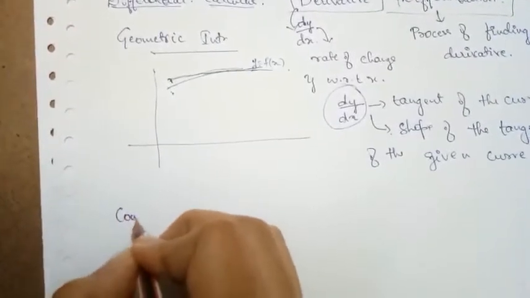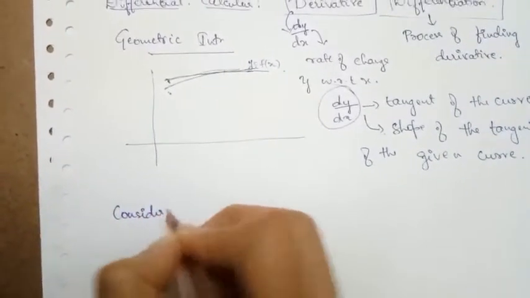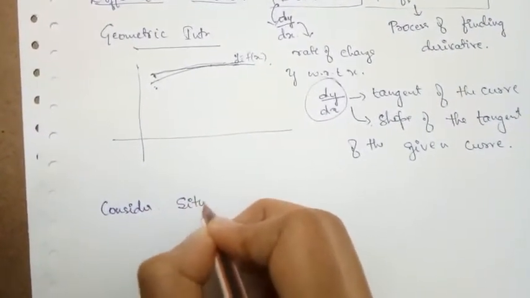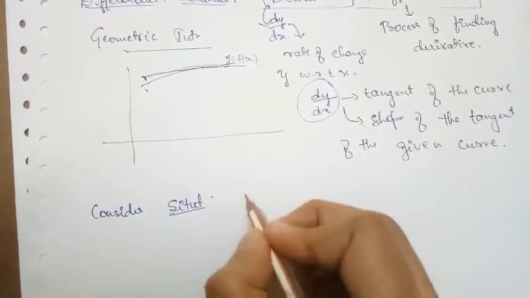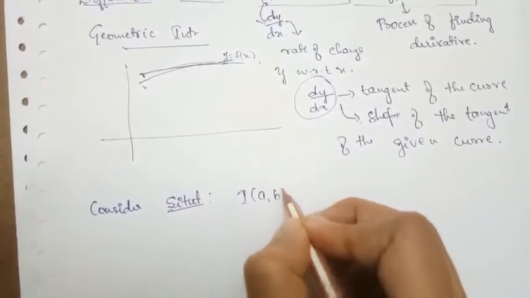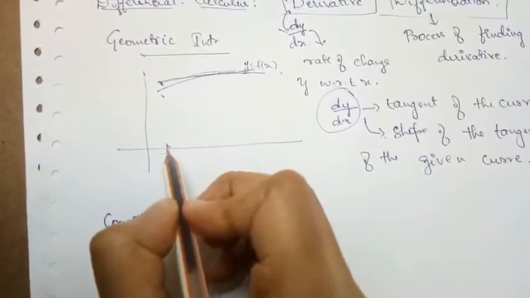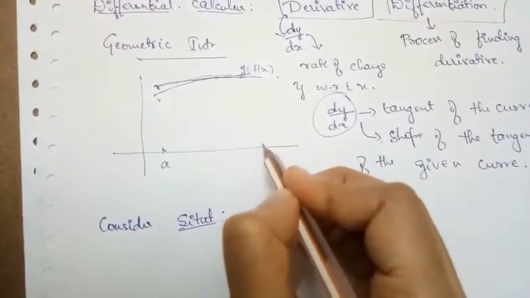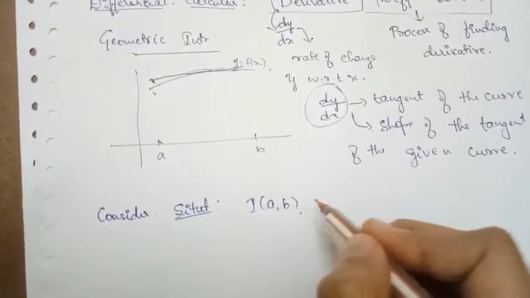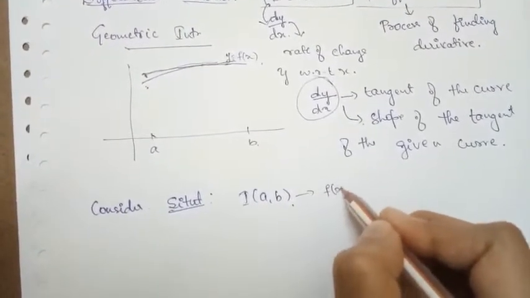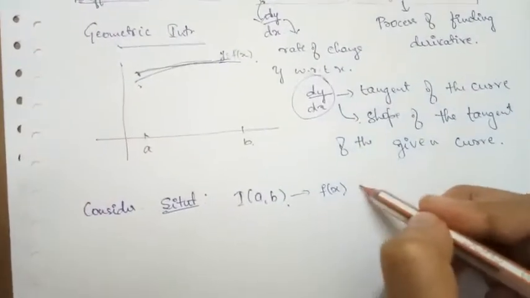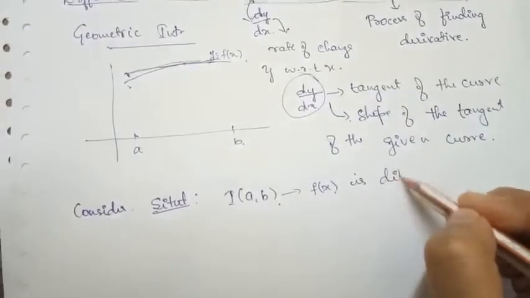Now I'll consider a situation. Suppose I consider an interval from a to b. Within this interval, the function f of x that we have defined is differentiable.